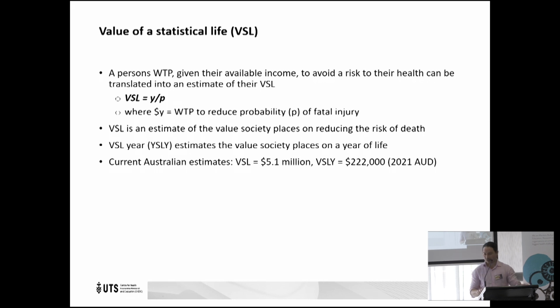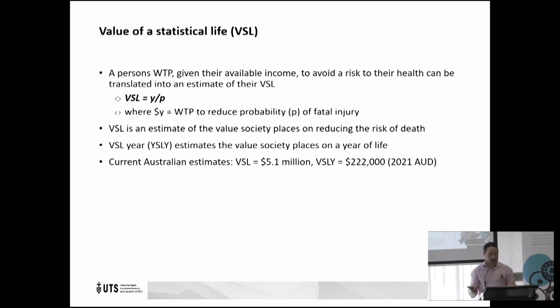So current estimates in Australia are about 5.1 billion. And then that can be translated into a value of a statistical life year of about 222,000. So these are updated annually based on inflation. So yeah, that could be a monetary valuation if you could demonstrate your intervention could reduce your risk of mortality.